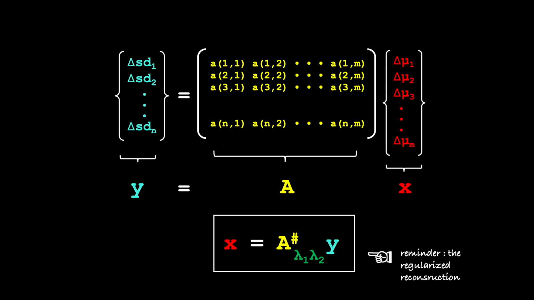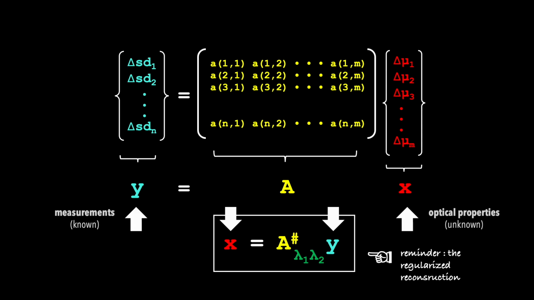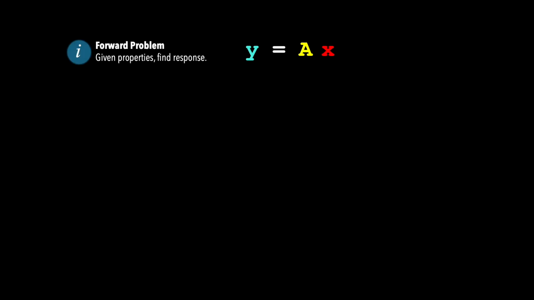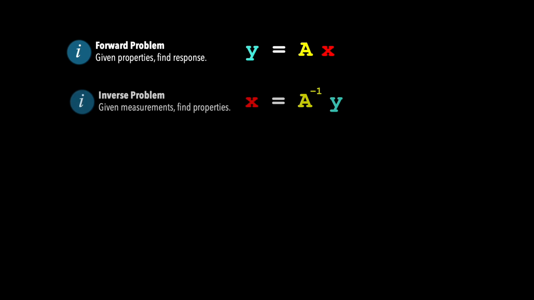We seek to determine changes in optical properties given light measurements, but this formula specifies changes in light measurements given changes in optical properties. What we have defined is the forward problem, referring to a class of problems in which model properties are given and are then applied to determine the model response. What we require is a solution of the inverse problem.